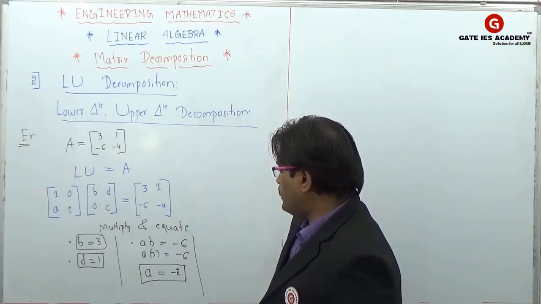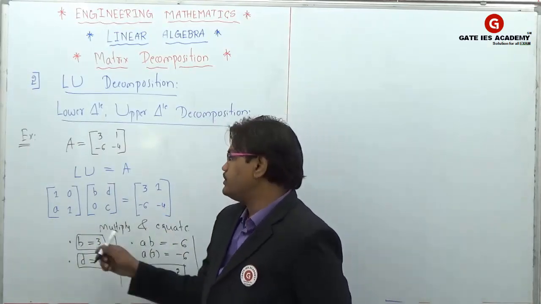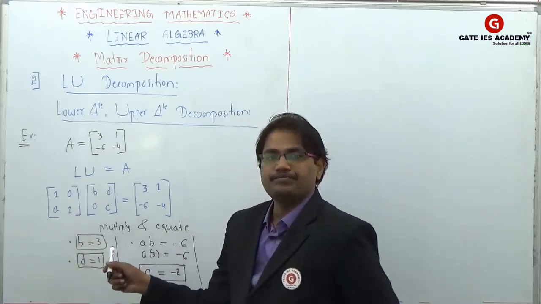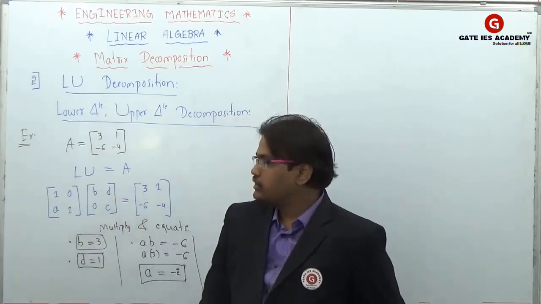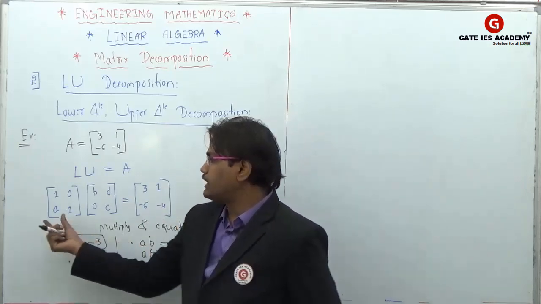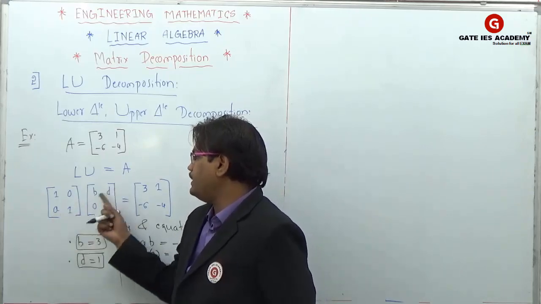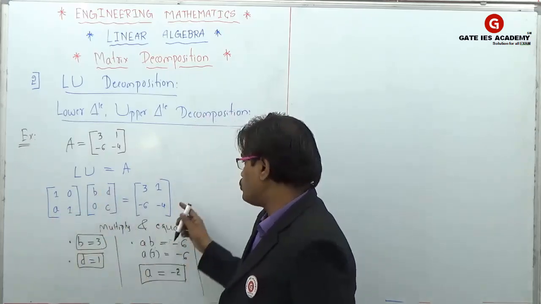Then what is the unknown left? That is C. So minus 4 is left, that is A into D plus C. This is the element of second row, second column, right? So second row you take here, second column you take. Then AD plus C equals to minus 4.